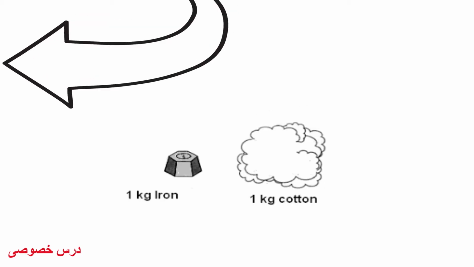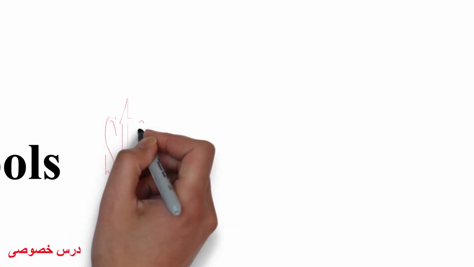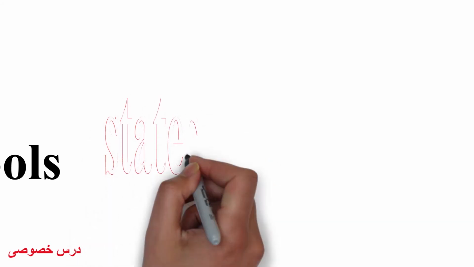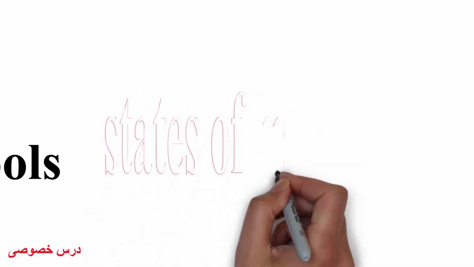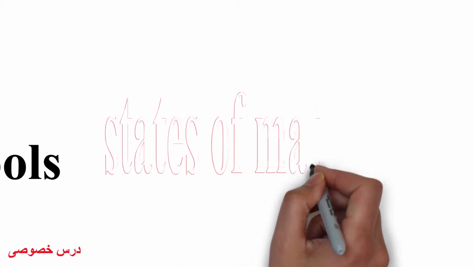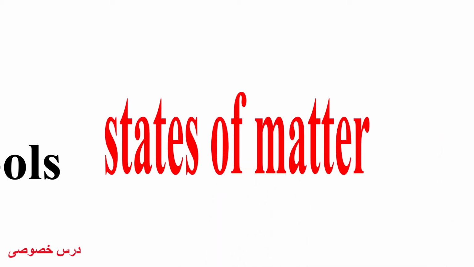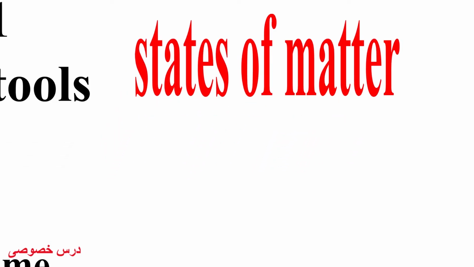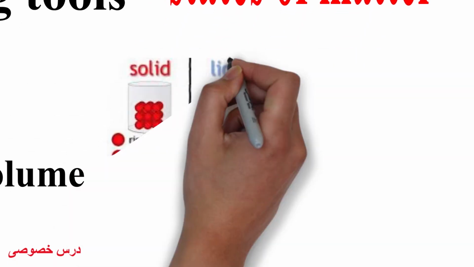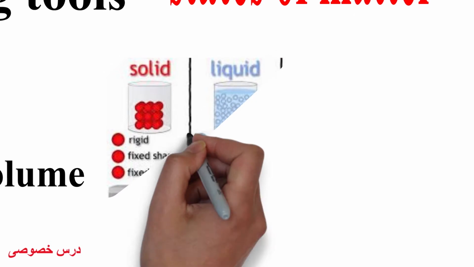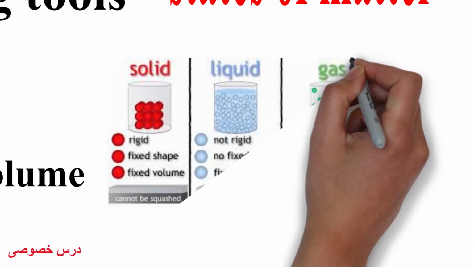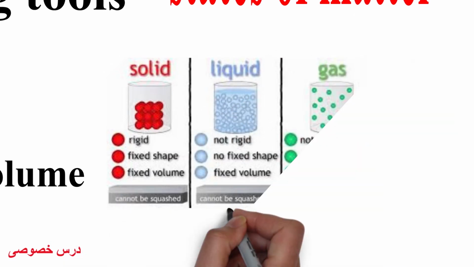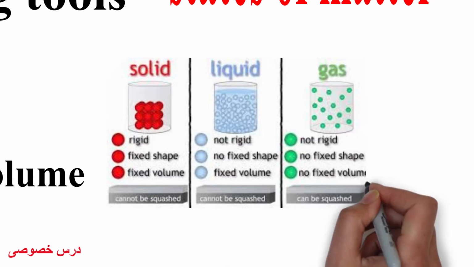Scientists want to study the matter, but they found that it is too hard. So they classified the matter into 3 types or 3 states. Number 1 is called solid, like door and table, which have definite shape and volume.